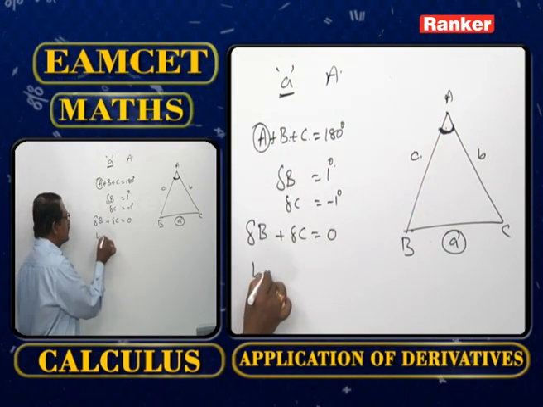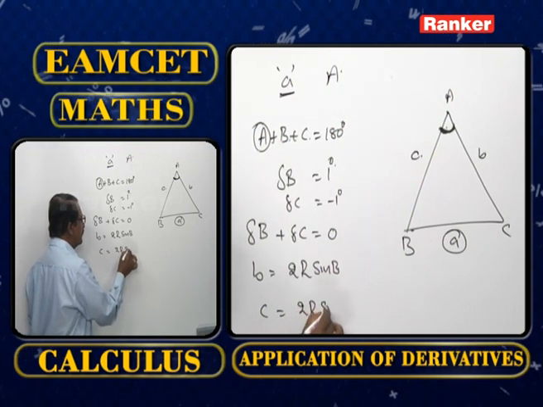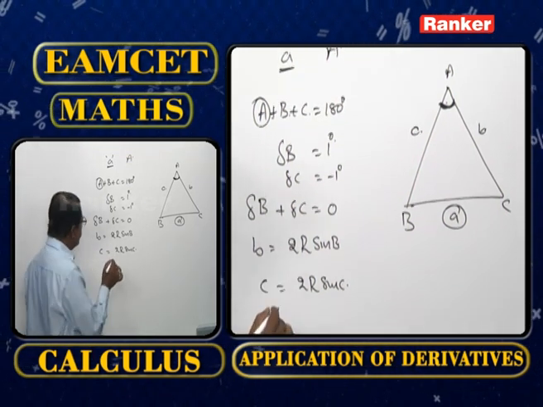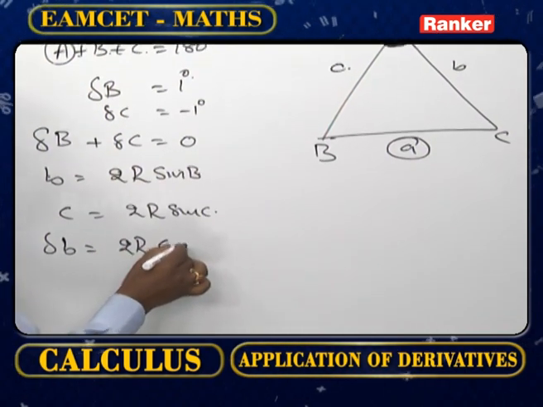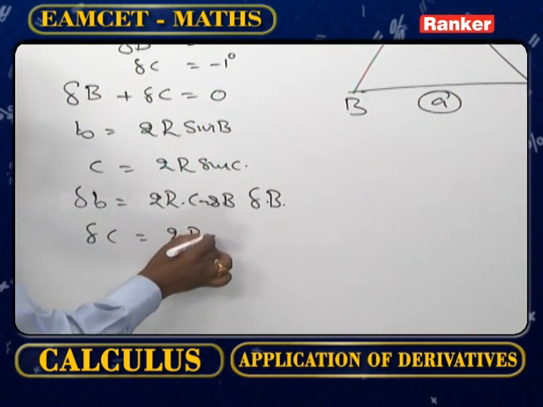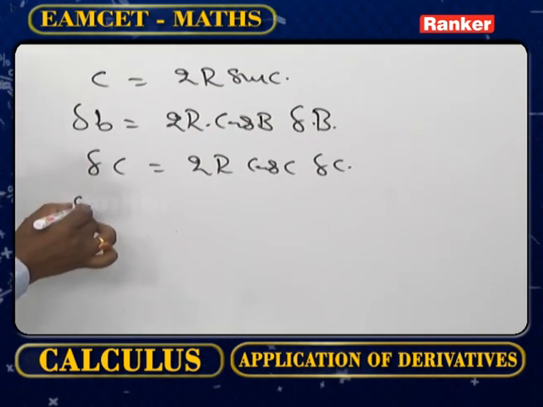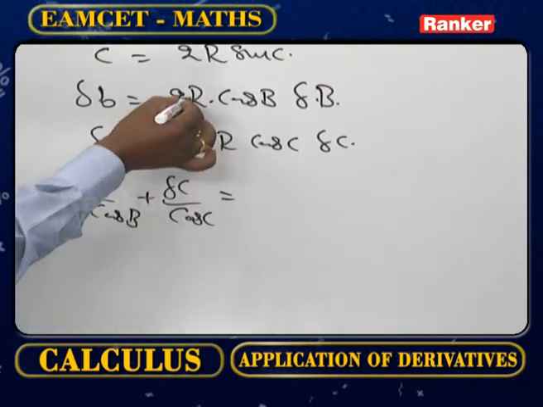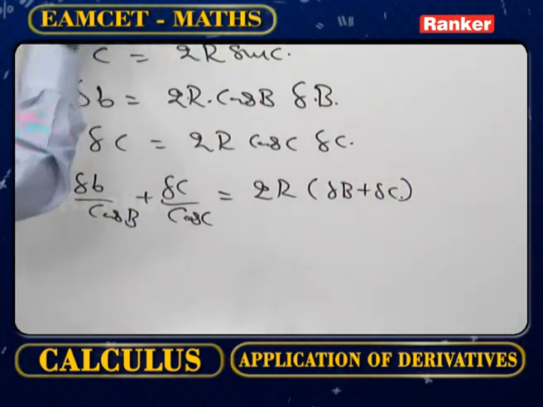Now from the sine rule, b equals 2R sin B, c equals 2R sin C. Differentiating, delta b equals 2R cos B delta B. Similarly, delta c equals 2R cos C delta C. Now delta b by cos B plus delta c by cos C equals 2R into delta B plus delta C, but delta B plus delta C equals 0.